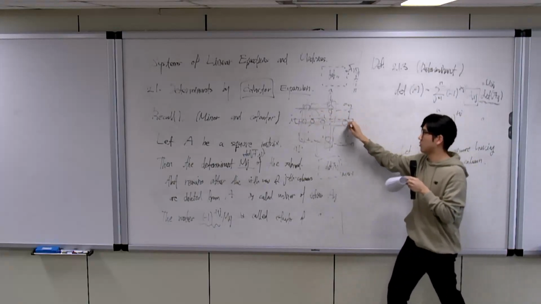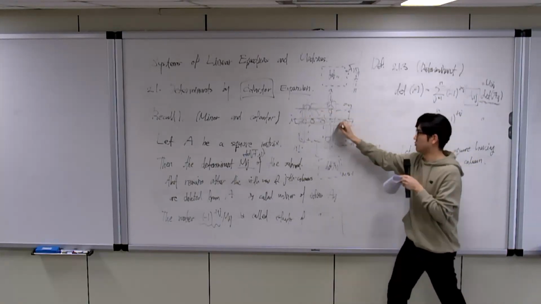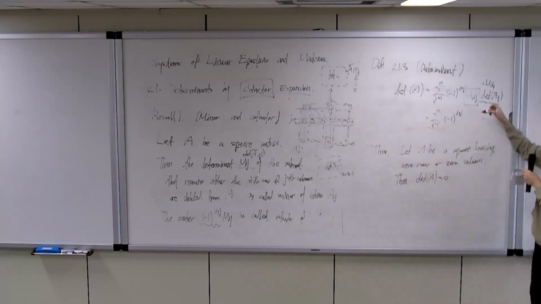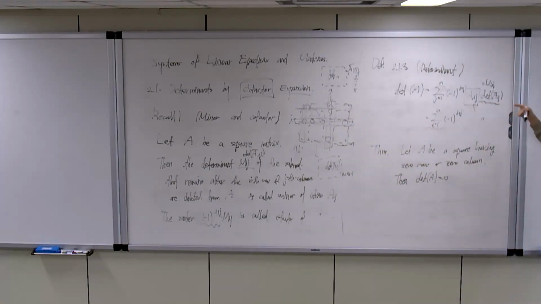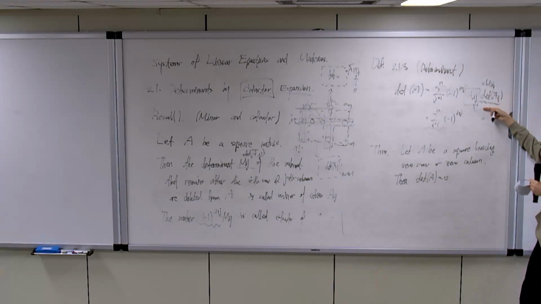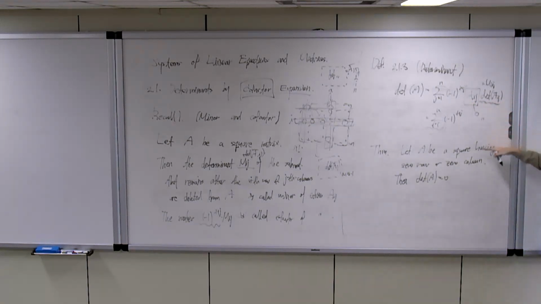So if all entries in the row were 0, then the entries in the summation are all 0, so the determinant will be 0.